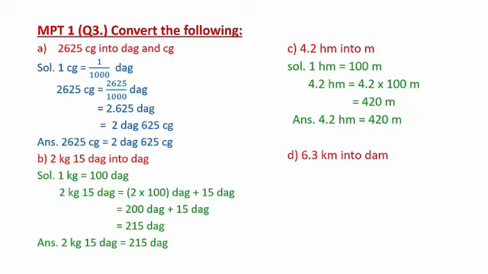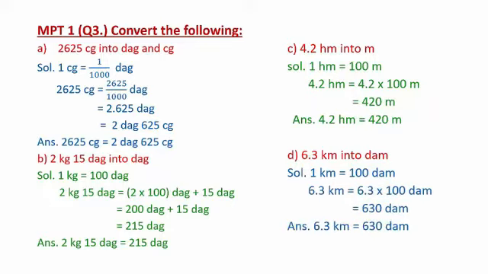Now, next question is 6.3 kilometer into decameter. Since kilometer is a bigger unit and decameter is a smaller unit, converting a bigger unit into a smaller unit, we need to multiply. The relation between kilometer and decameter is 1 kilometer equals 100 decameter.